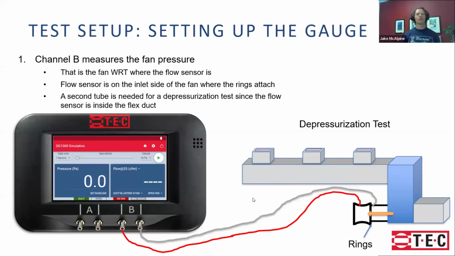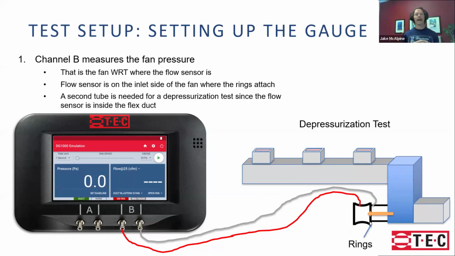Okay. So when we're doing a depressurization test and we've turned that fan around, if you take that same logic, in a pressurization test the rings are on the outside, we can see them, so we need 1 tube. The vast majority of the tests, we just need 1 tube on channel B. When you do a depressurization test, you've moved that flow sensor inside the flex duct.